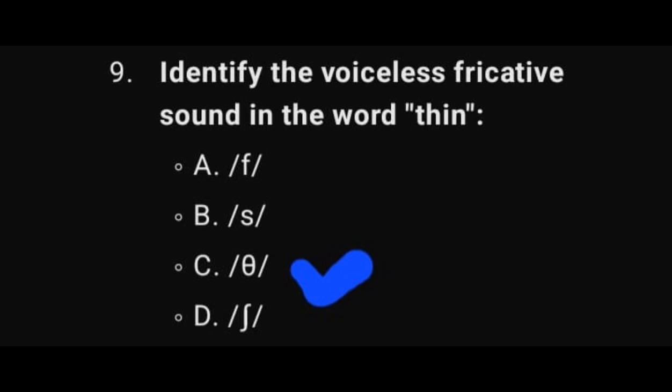There is friction coming out of the sound whenever we pronounce it because the tongue is coming in between the upper and the lower front teeth, and the vocal cords do not vibrate when we pronounce the sound, and so it is a voiceless fricative sound.